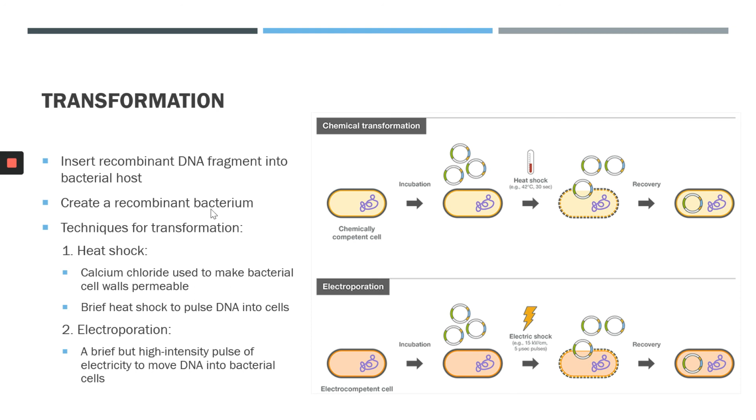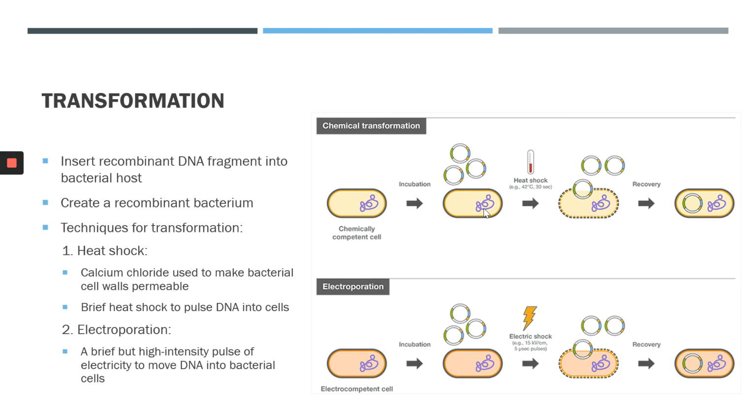There are two methods that are used for transformation. The first method that's most commonly used is heat shock. During the heat shock process, bacterial cells are first treated with calcium chloride. The calcium chloride makes bacterial cell walls permeable to DNA. DNA or recombinant DNA fragments are then co-incubated with the competent bacteria.